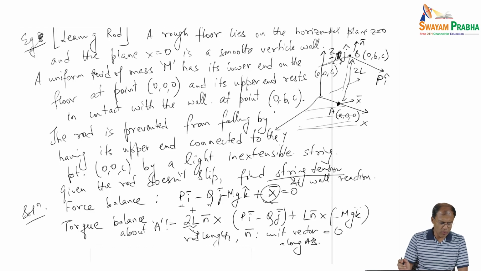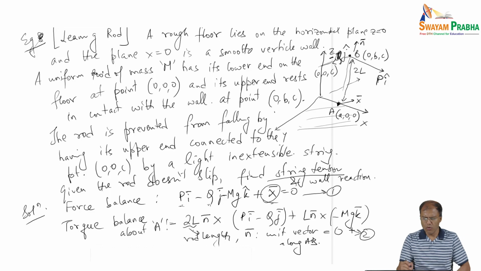To do that, we can find P first by taking the dot product of an equation. Let's say the first is equation 1 and the second is equation 2. We take the dot product of the second equation with I, which leaves us with the scalar triple product n cross I n.